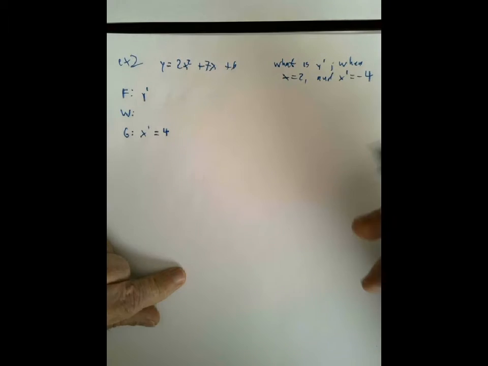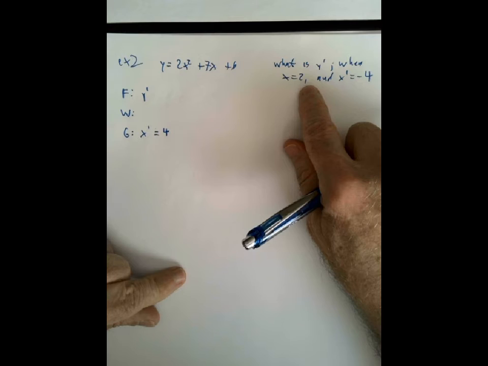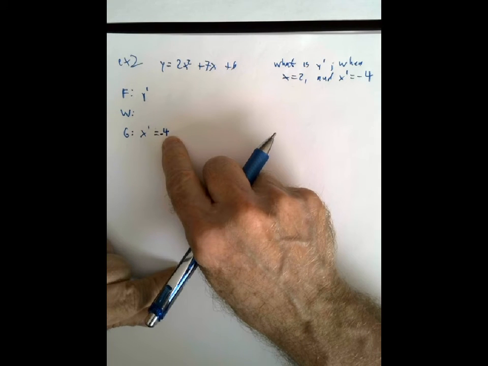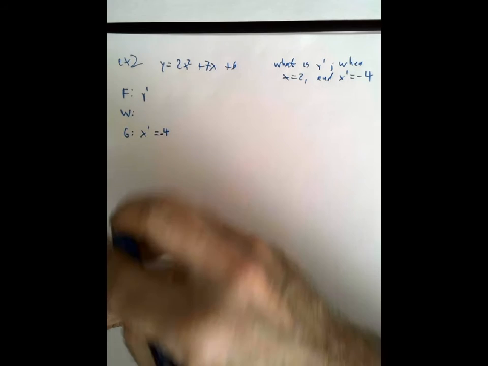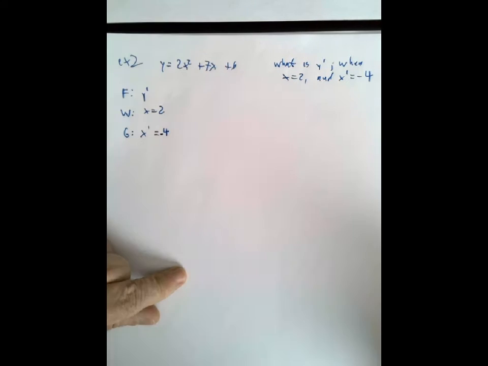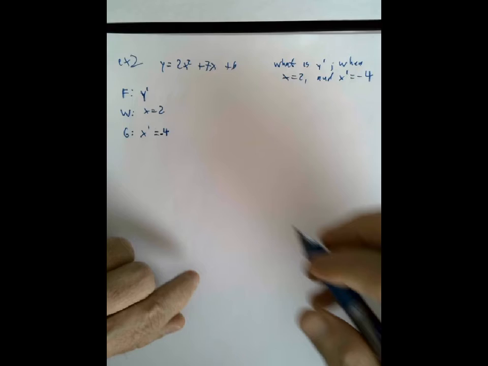As x is changing at a rate of negative 4, meters per second or whatever it is, at the instant in time when x is equal to 2, that's what we want to know: what y primed is. So that was step 2.